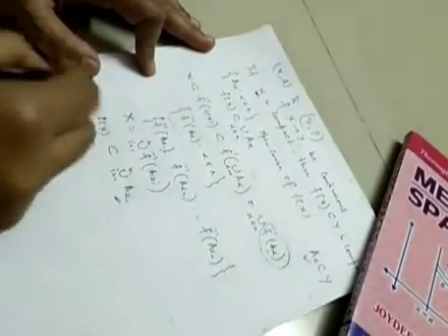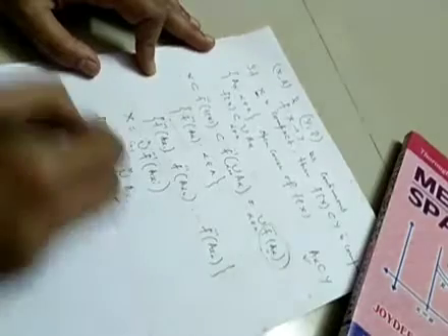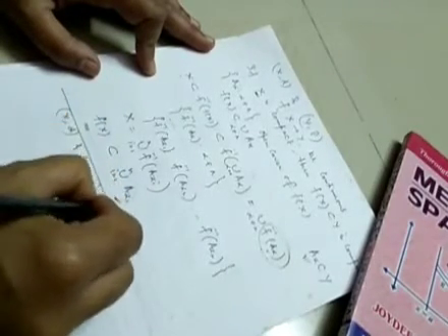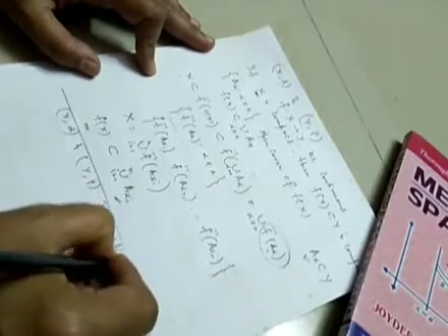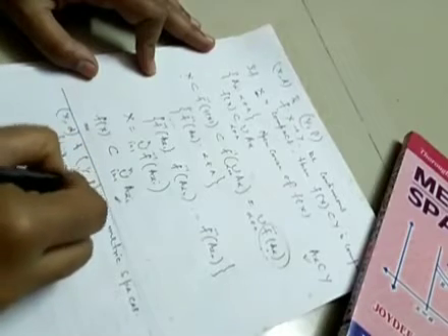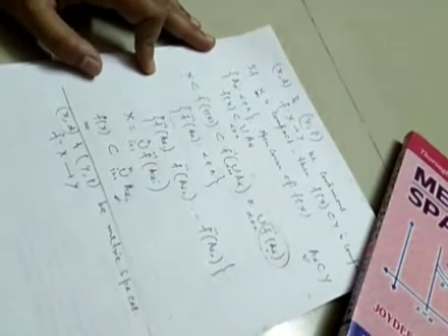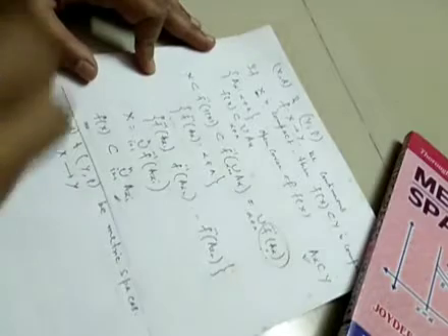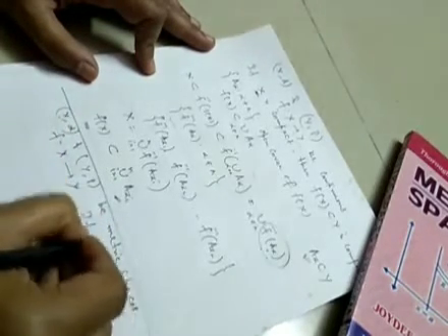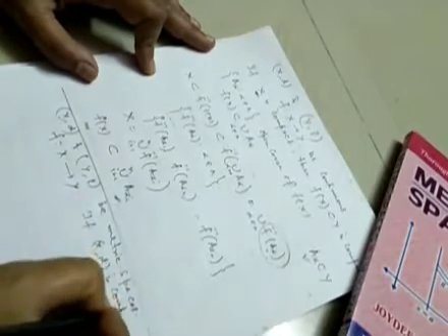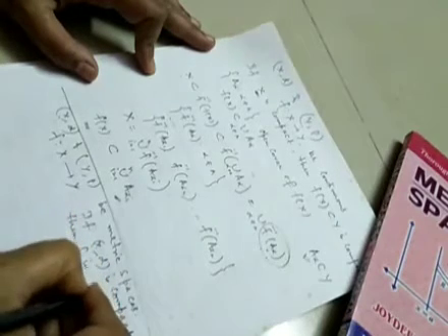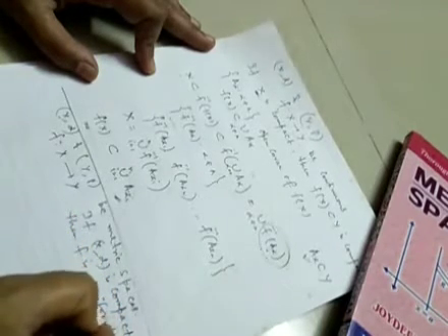Now next theorem, let (X, d) and (Y, rho) be metric spaces and f from X to Y be a continuous mapping. Now if X is compact, then f is uniformly continuous.